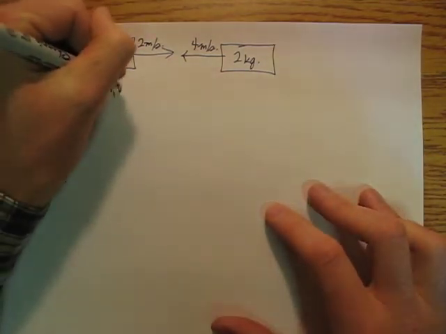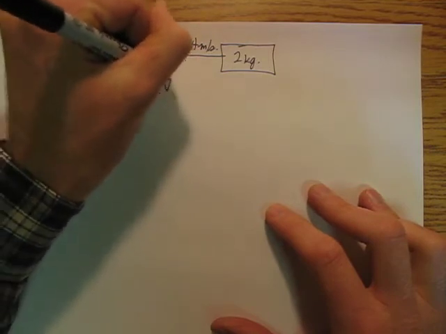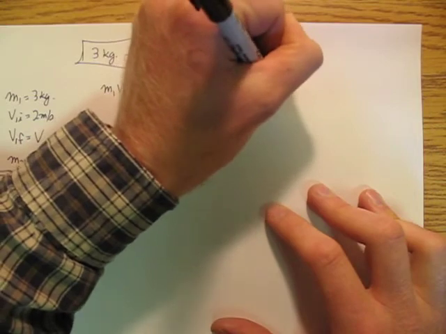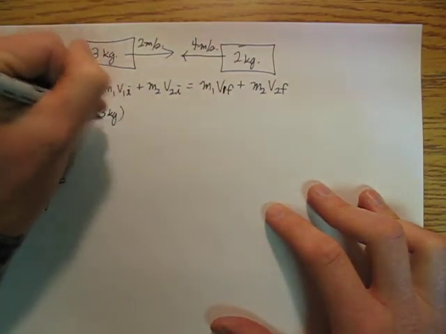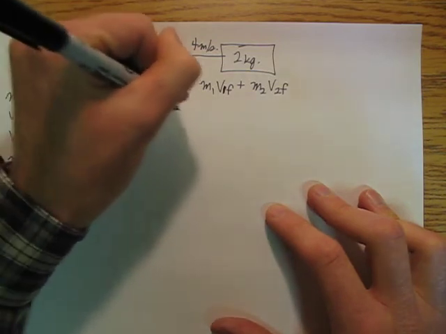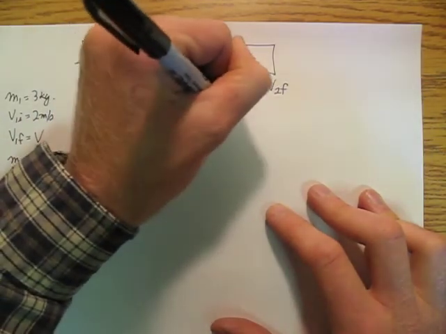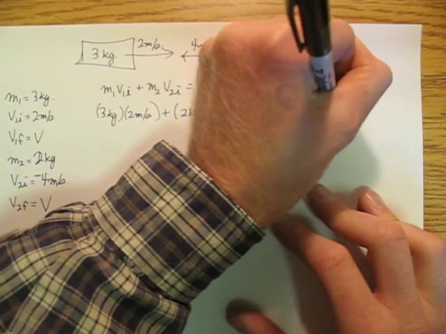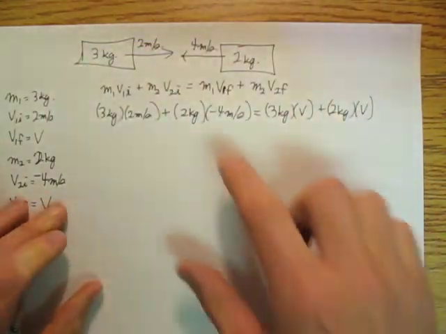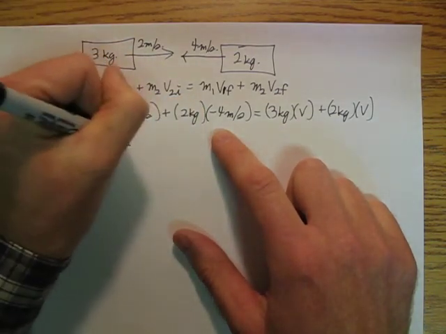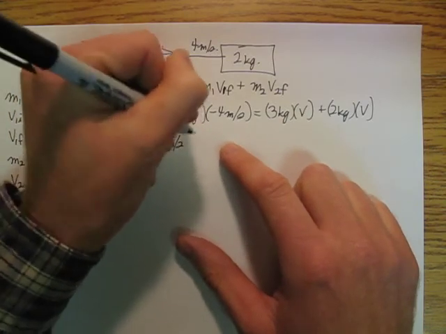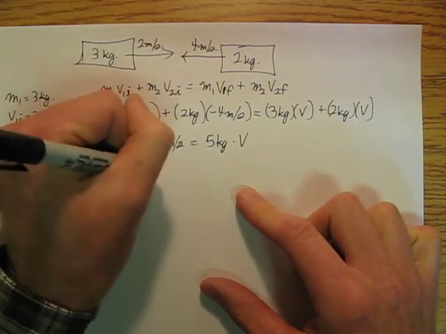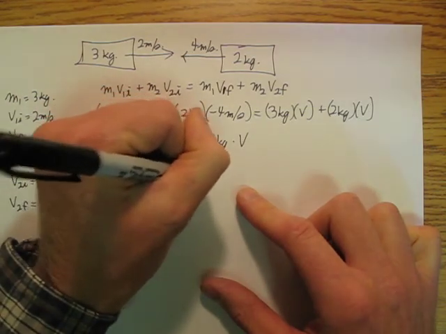So now, just going through this really quick, I'm going to go 3 kilograms times 2 meters per second plus 2 kilograms times negative 4 meters per second is going to equal 3 kilograms times V plus 2 kilograms times V. And so if I do this out, I'm going to get 6 minus 8, I'm going to get negative 2 kilogram meters per second is equal to 5 kilograms times V. And so V is going to be negative 2/5 meters per second.